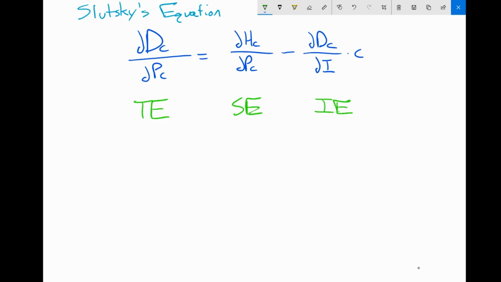When price goes up, the Hicksian demand curve, the compensated demand curve, is always negative. That is, this derivative is always unambiguously negative. When the price goes up, the compensated demand always goes down.